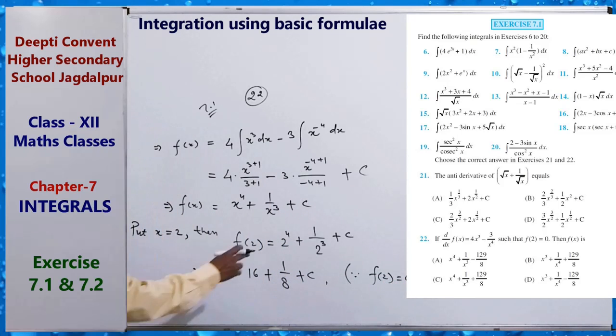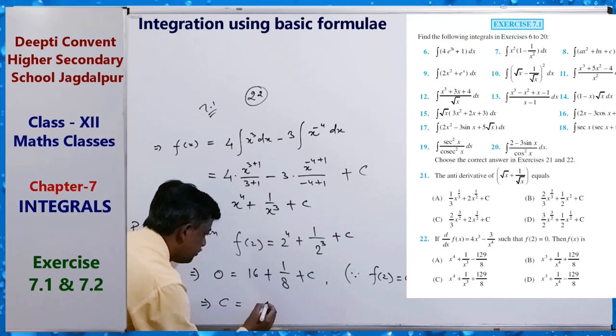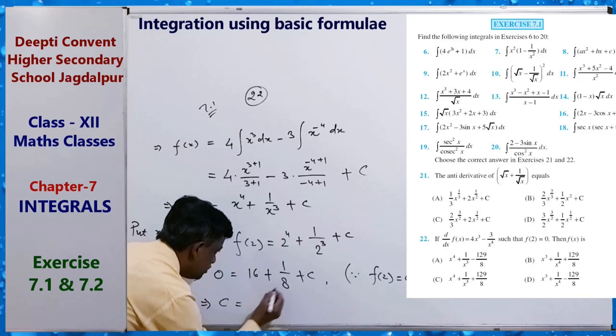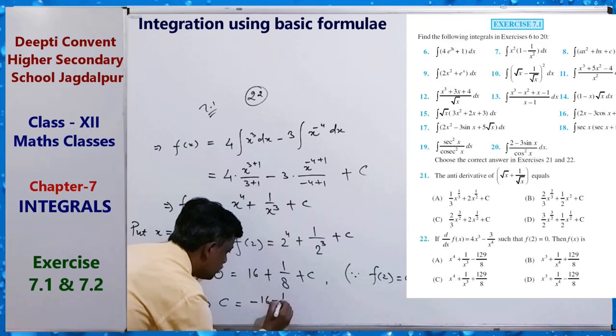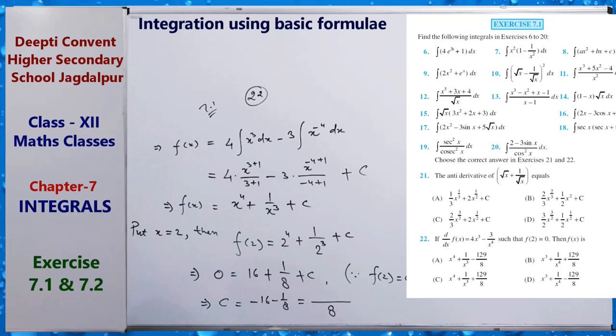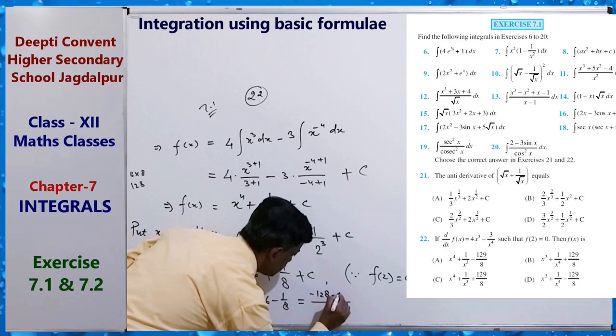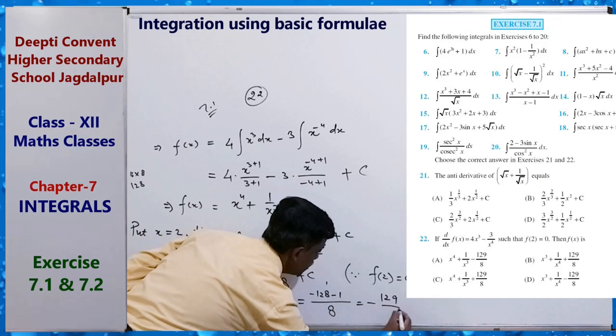Since we are given f(2) equals 0, from here we have to find c equals minus 16 minus 1 by 8. We can write 16 into 8 means 128, so minus 128 minus 1 equals minus 129 upon 8.